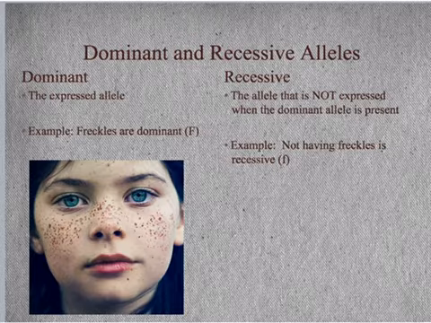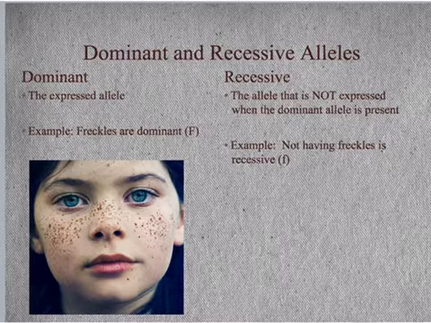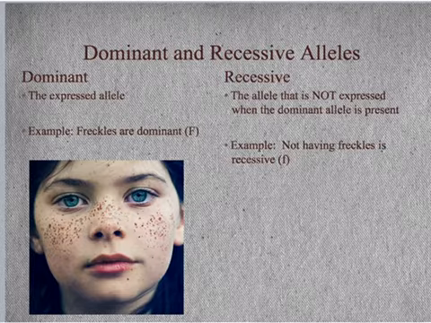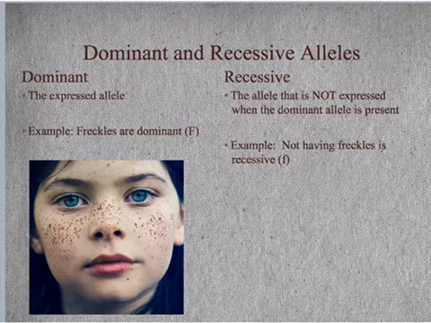So if a person has freckles, we know they have a dominant allele, or that capital F, on one of their two alleles that code for that gene because they have freckles. We see physically that they have freckles. If that person does not have freckles, then we know that they don't have any capital F at all, because if they did, then that trait would be expressed.